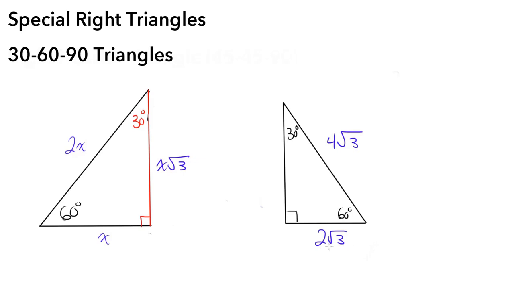And if the shorter leg is 2 radical 3, then the longer leg is the shorter leg times radical 3. So we can go ahead and say 2 radical 3 times radical 3. And again, radical 3 times radical 3 is 3. So we get 2 times 3, and that equals 6. So this longer leg equals 6.